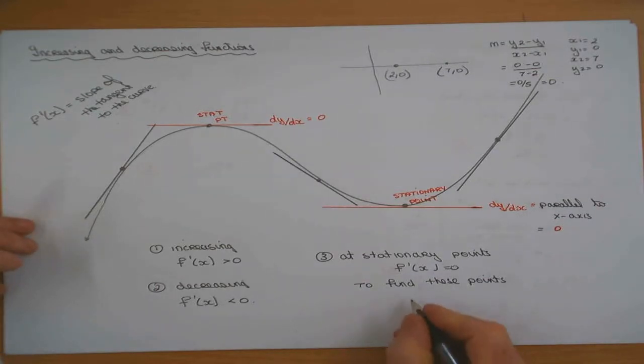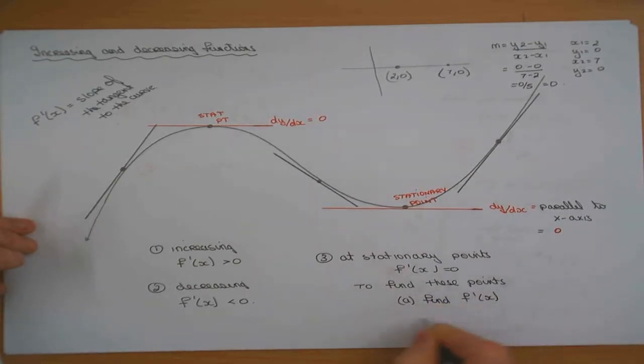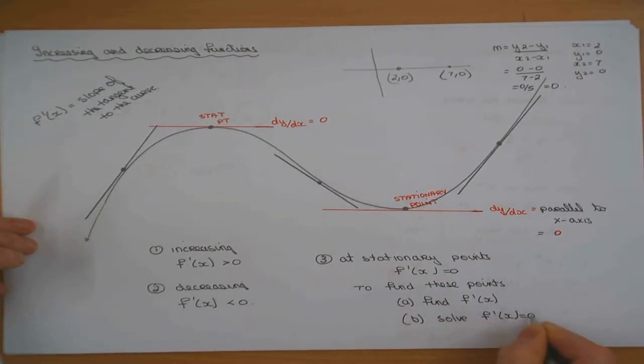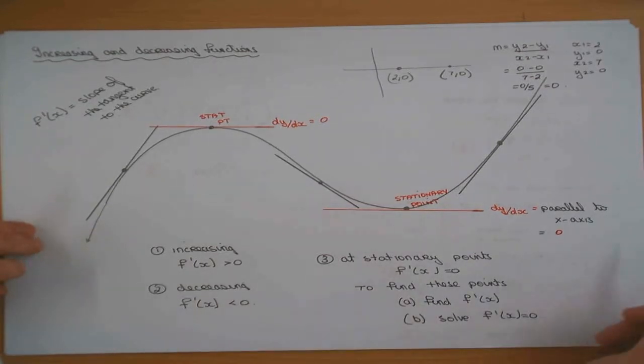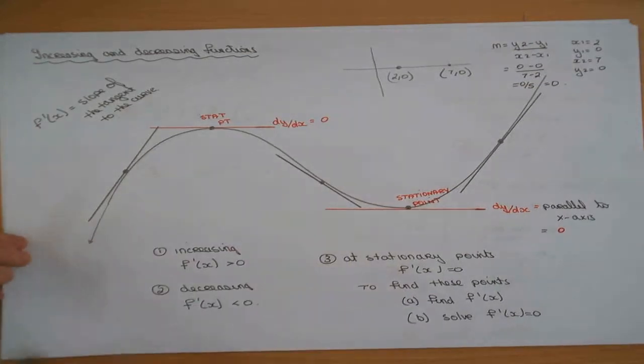Okay, you first of all find f dash x, and the second bit you do is you solve f dash x equal to 0. Because solving f dash x equal to 0 is you're calculating that point and that point.